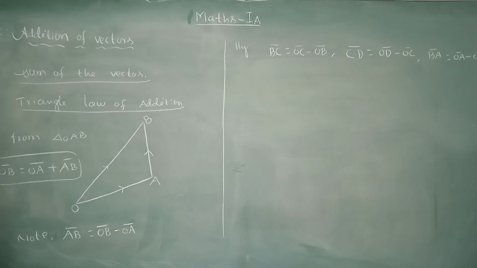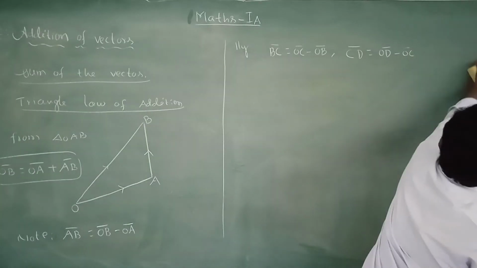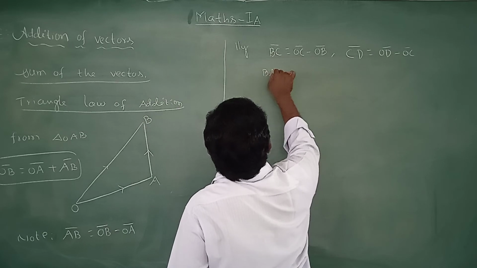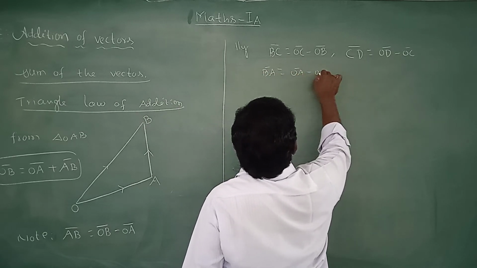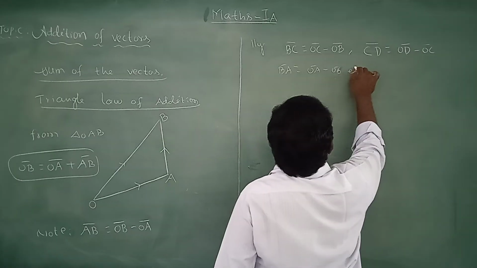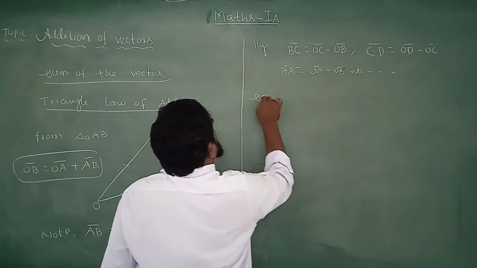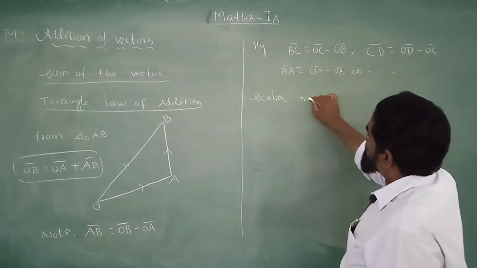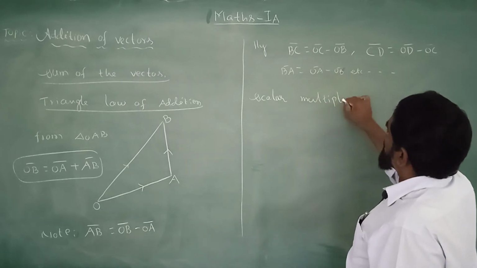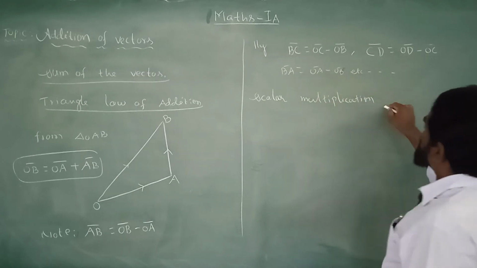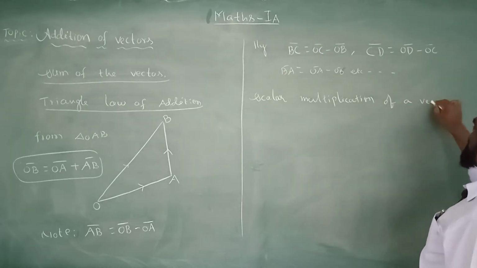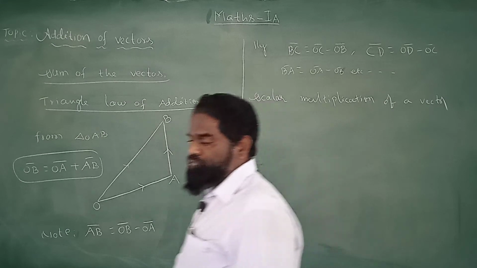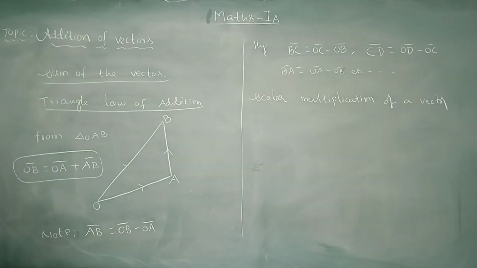Understand? One more important thing: scalar multiplication of a vector. Let us see how we take the scalar multiplication of a vector.